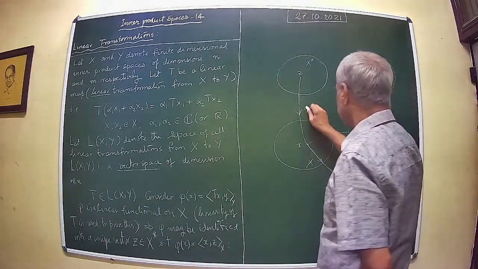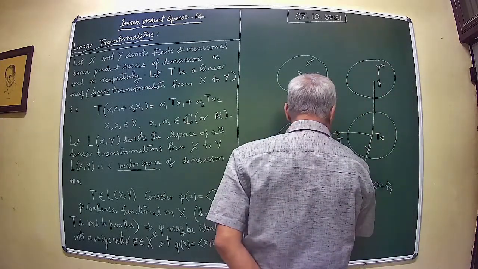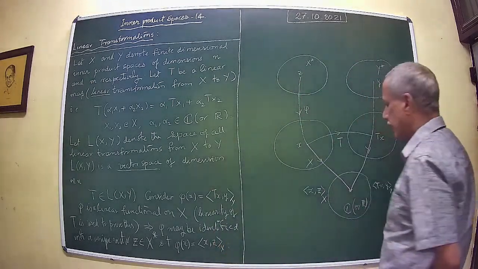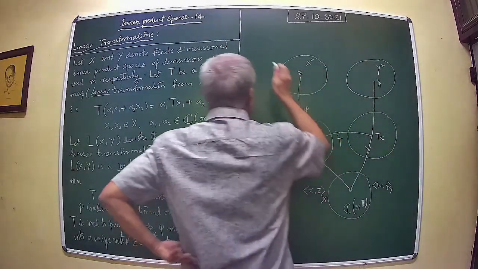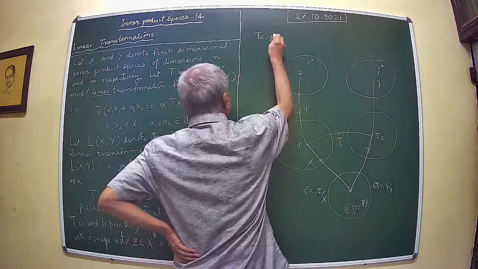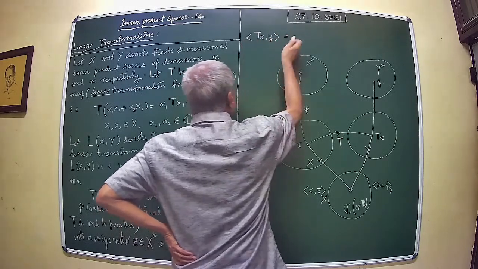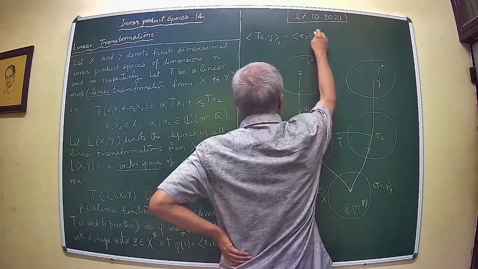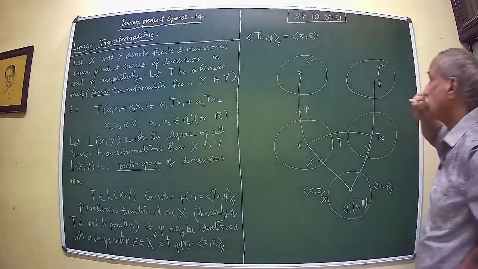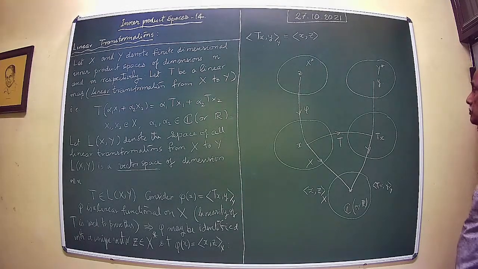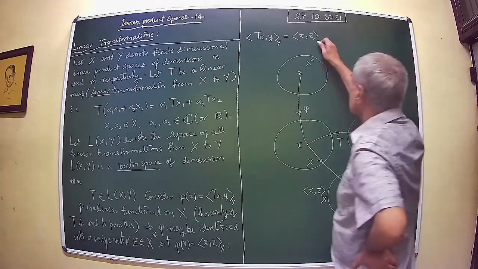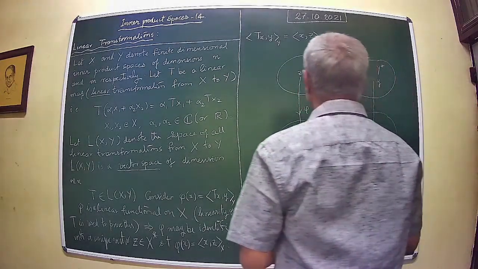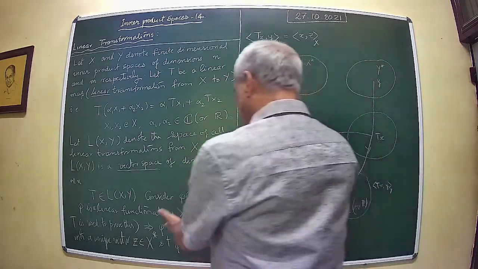This is the phi map, and this is now equal to the inner product of x and z. So the inner product of Tx and y equals the inner product of x and z. So this associates with y a unique vector z. Okay, so that's what we have said.